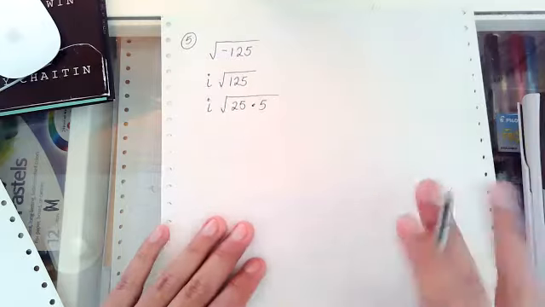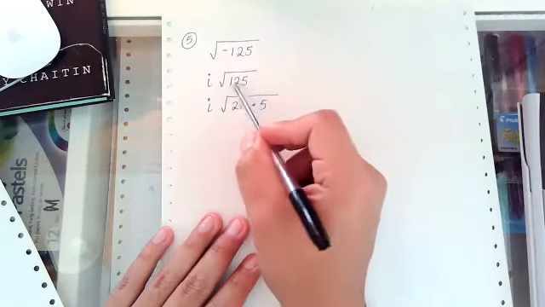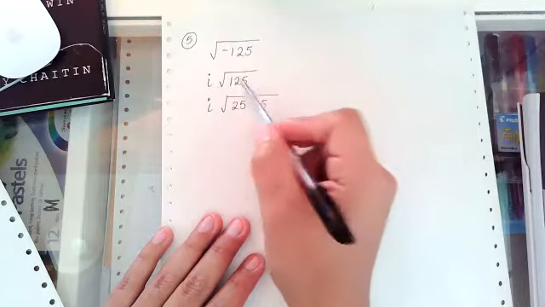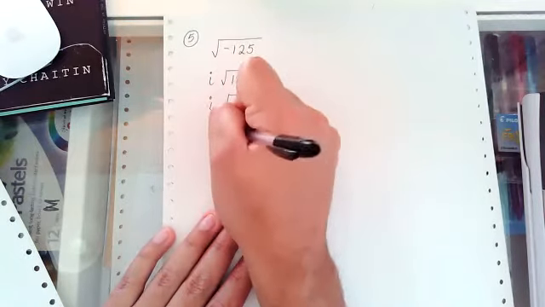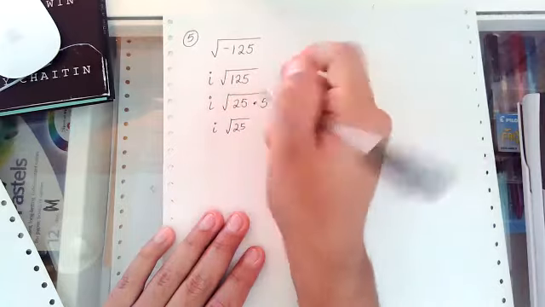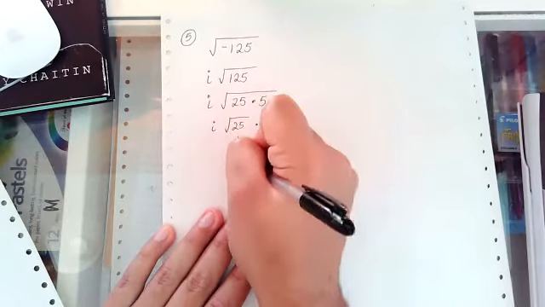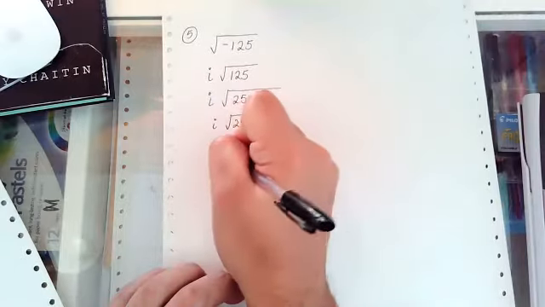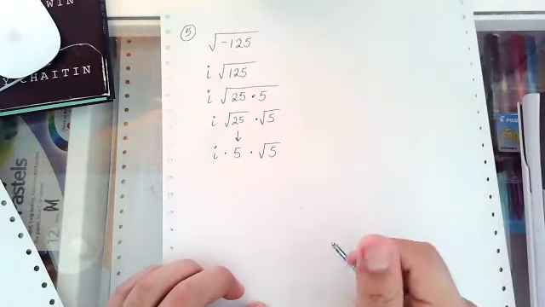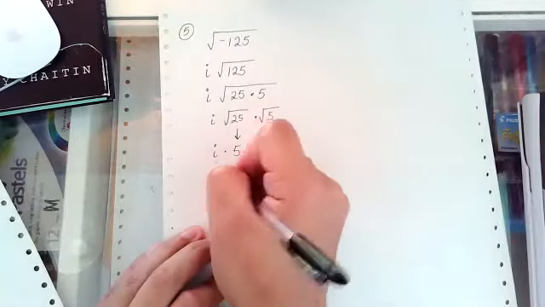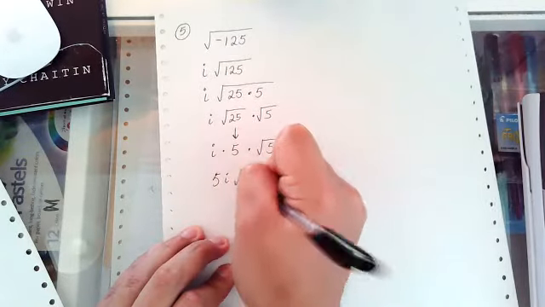So this is me not doing the prime factorization, me knowing that if I have a quarter and I have 5 quarters, I'll have 125. The reason why I would do that is because I know that the square root of 25 is just 5. So I have I times 5 times root 5, and then we can just put it in our conventional order, which would be 5I root 5.